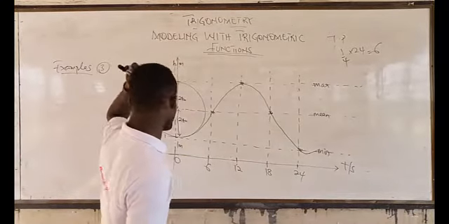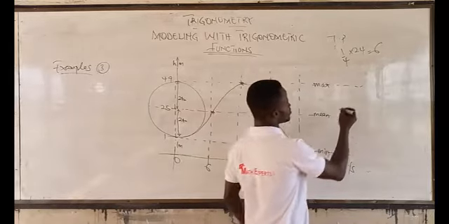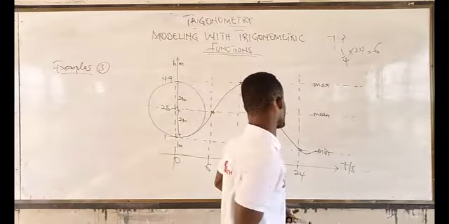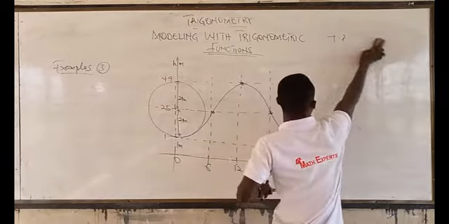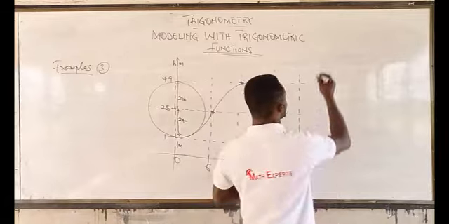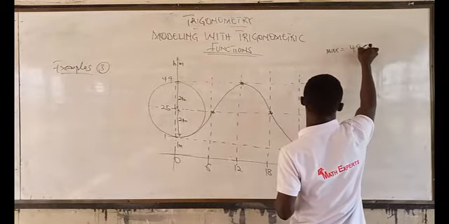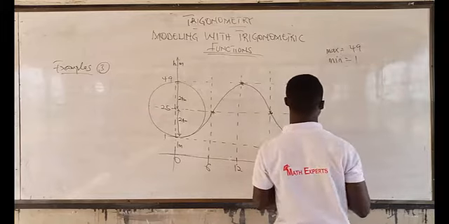So let's go for the amplitude. Now we know that our maximum, let me clean this part. The maximum is 49, the minimum is 1.